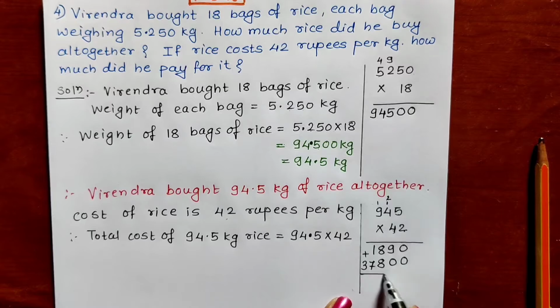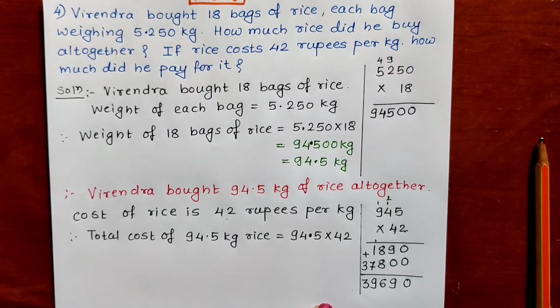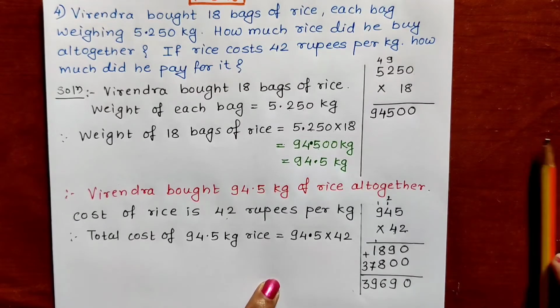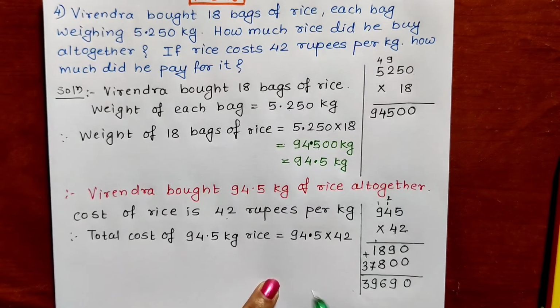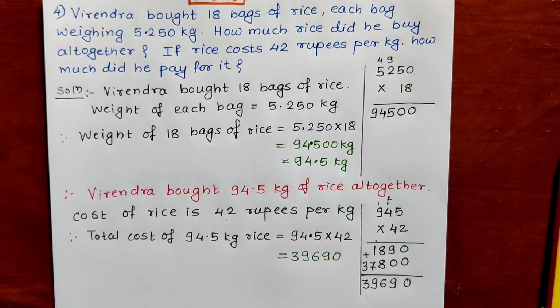Addition. 0 plus 0 is 0. 0 plus 9 is 9. 8 plus 8 is 16, 1 carrying. 1 plus 1 plus 7 is 9. And this 3 we have to write as it is. So we have got the answer as 39690. Okay, so here we did not put a point and we have got the direct answer.